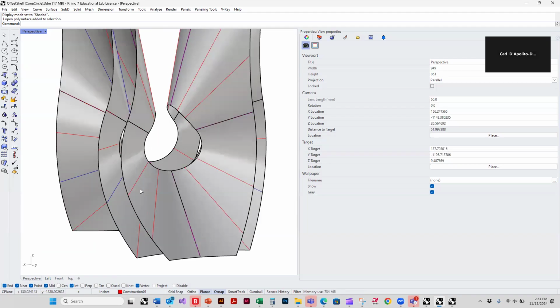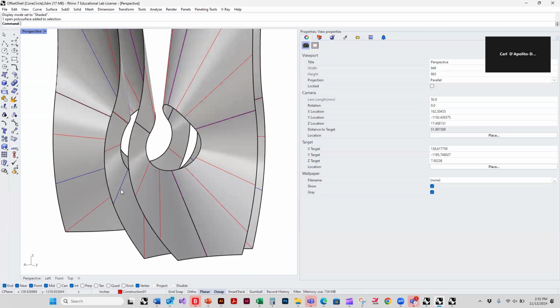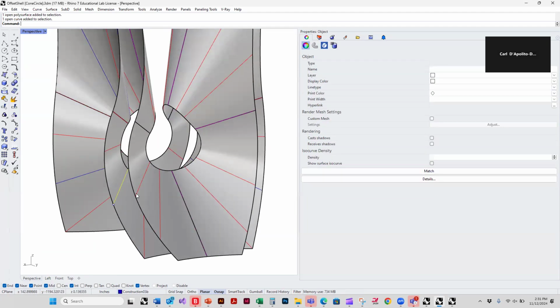However, let's say I want to know where this offset from this line hits this surface.